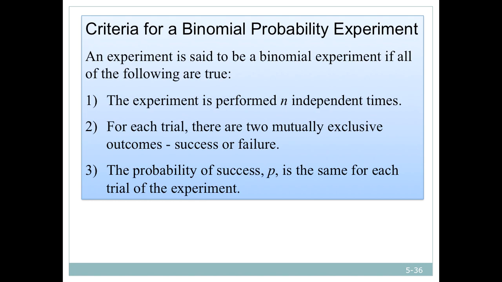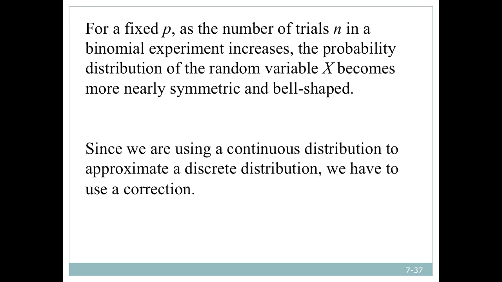This was back from chapter 6 from last week, and we know that an experiment is going to be binomial if the experiment is performed n independent times and it's a fixed number of trials. For each of the trials, there are two mutually exclusive outcomes, either success or failure, and then the probability of success is the same for each of the trials. So those are the things that need to be true in order to have a binomial experiment.